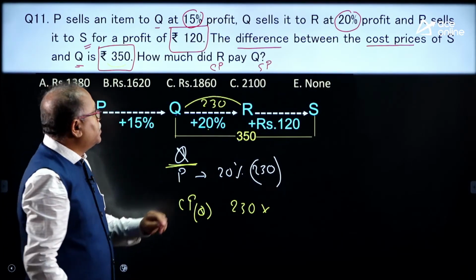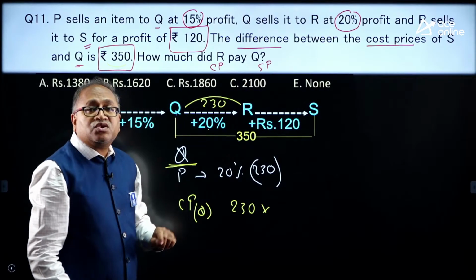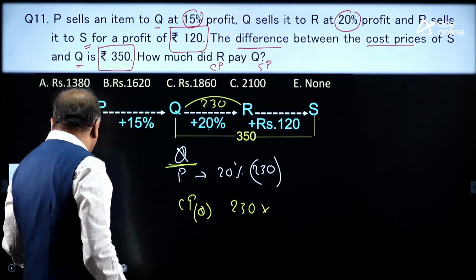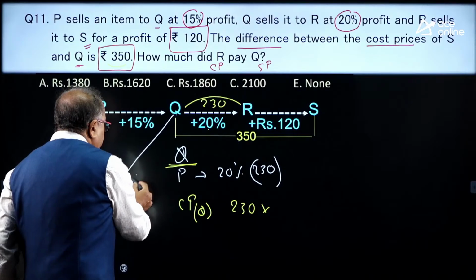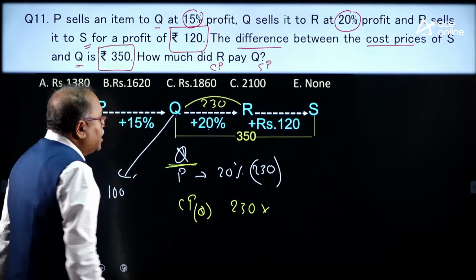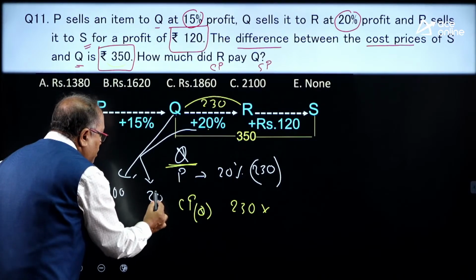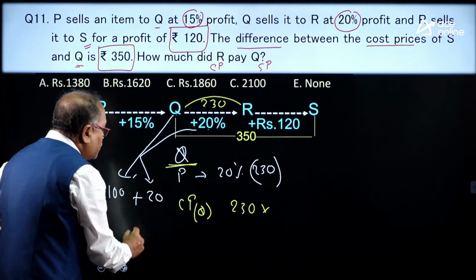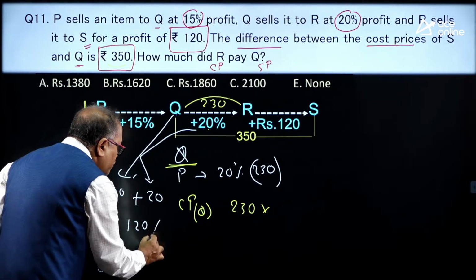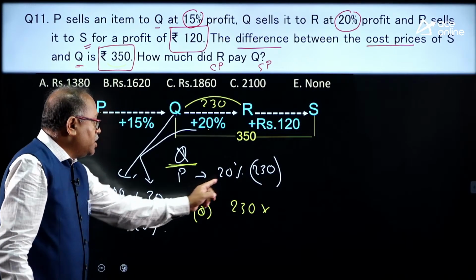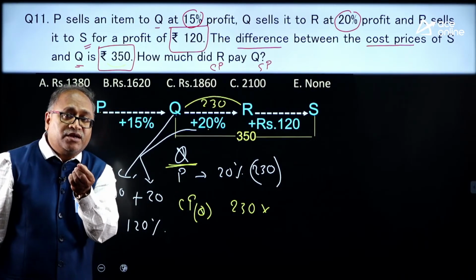Now, coming to this one, what will be the selling price of Q? The Q cost price will be 100 and his profit is 20%, so the selling price of Q will be 120%. About Q, I know 20% is 230.